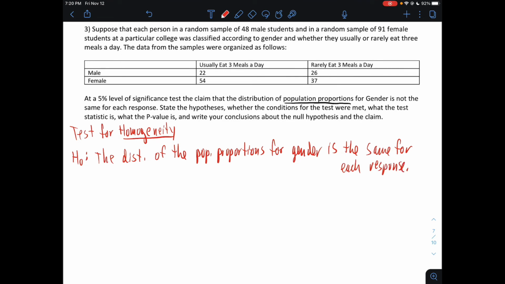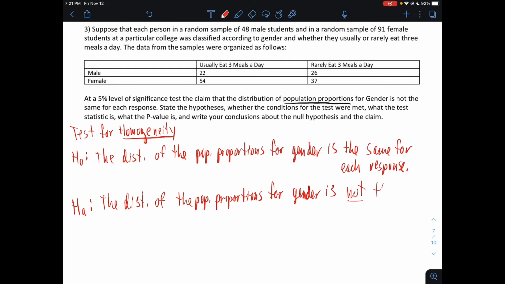And then similar to the first problem, the alternative is just stating the opposite, the distribution of the population proportions for gender is not the same for each response.